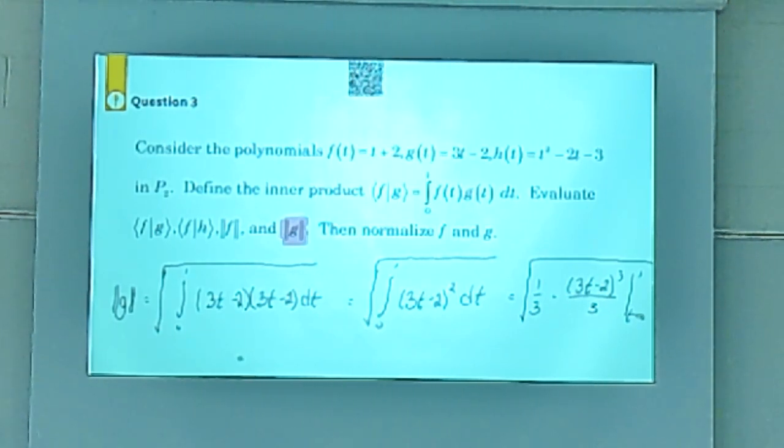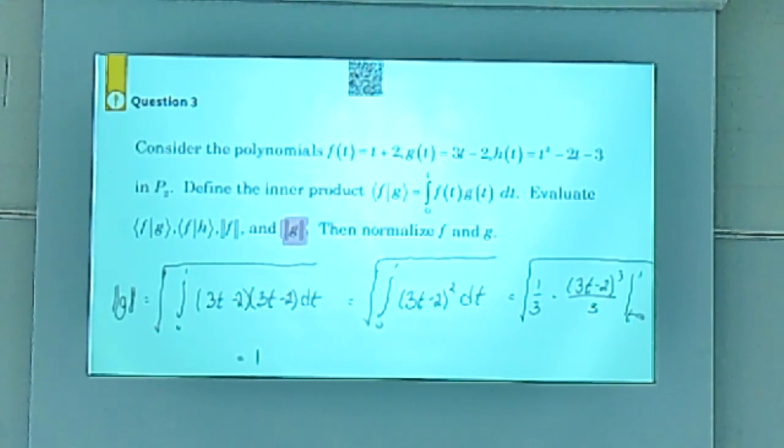Something's wrong. Oh, I'm sorry. No, it's negative 8 ninths. It's negative 2 cubed. 1/9 minus negative 8/9 is positive 1. And the square root of 1 is 1. That's nice. g has a norm of 1.